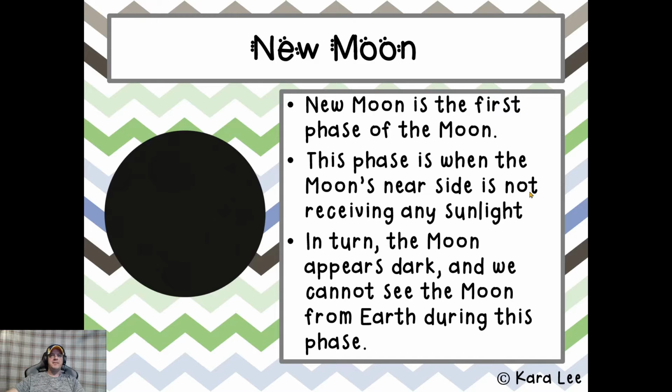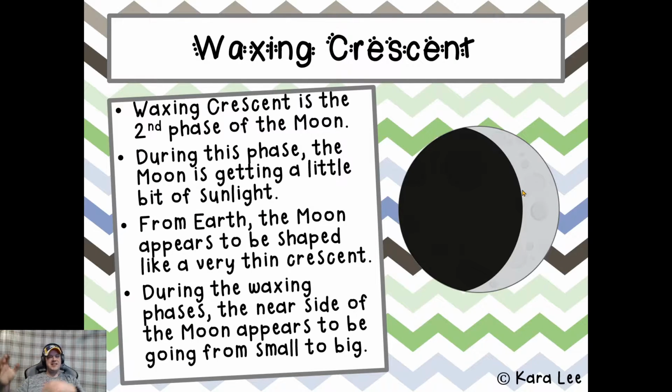The waxing crescent, when you can see the right side of the moon. This is the second moon phase. During this phase, the moon is getting a little bit of sunlight that we can see. From Earth, the moon appears to be shaped like a very thin crescent. Easy way to remember crescent is think about a croissant.